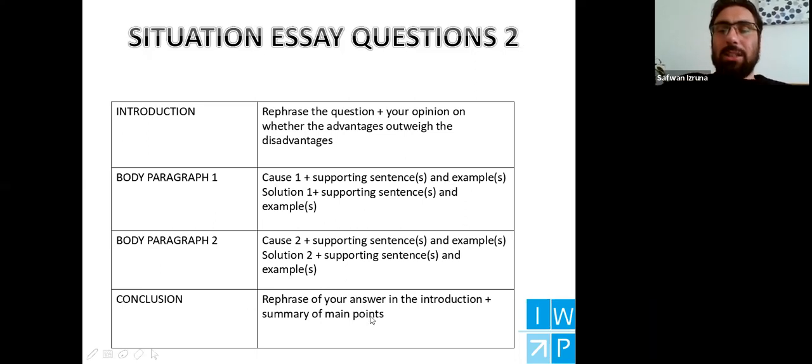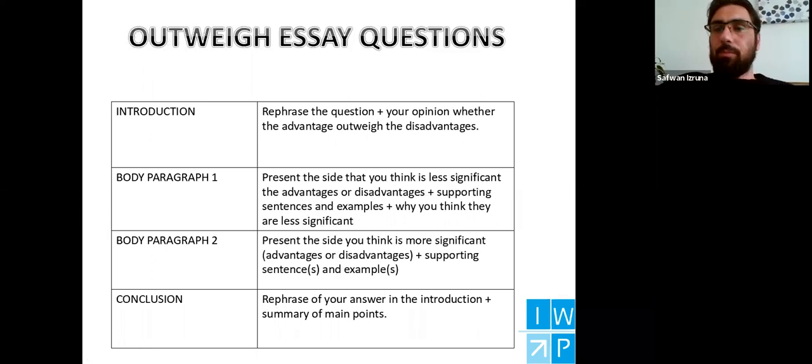Okay, as usual, we're going to have a conclusion, summing up the main ideas. Now, outweigh questions. We rephrase the statement, which is a fact, and then we add our opinion, whether the advantages outweigh the disadvantages or not.